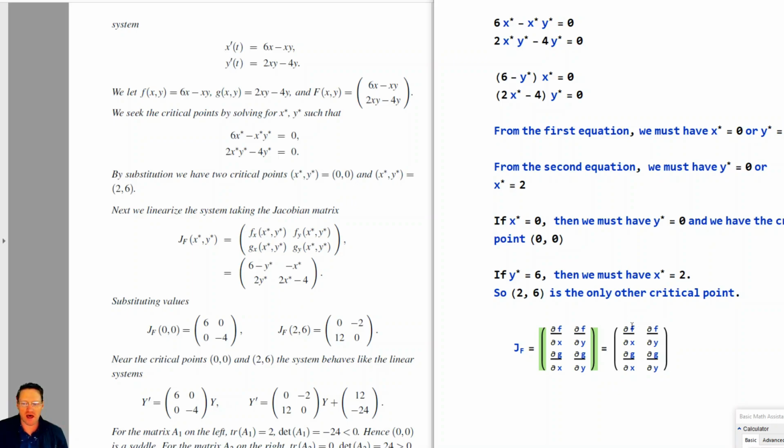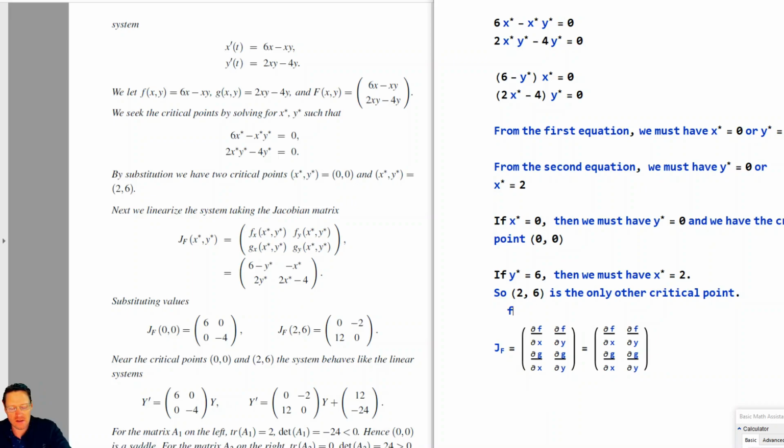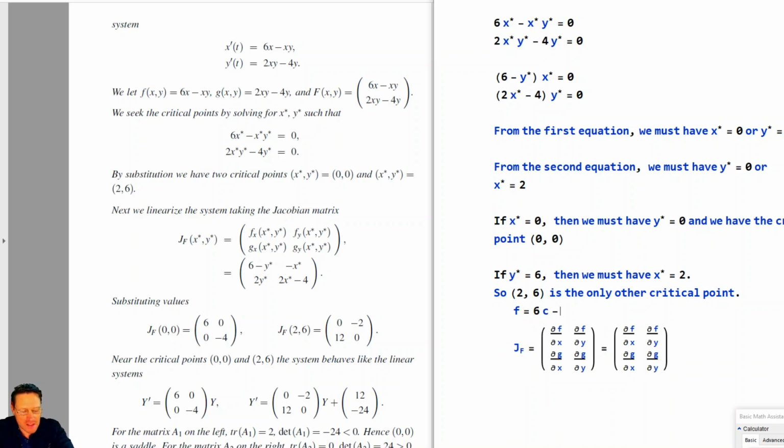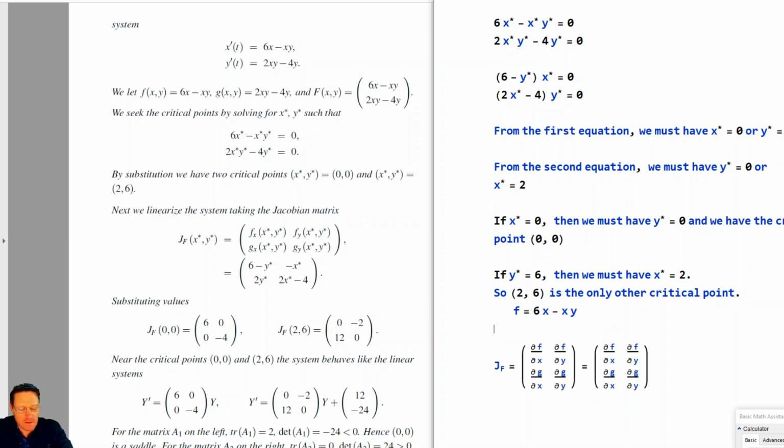Okay, so f was equal to 6x minus xy and g was equal to 2xy minus 4y.